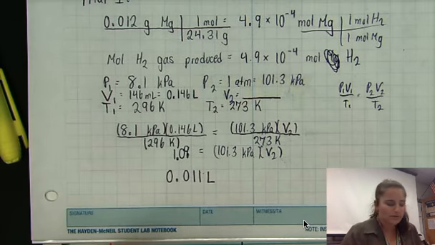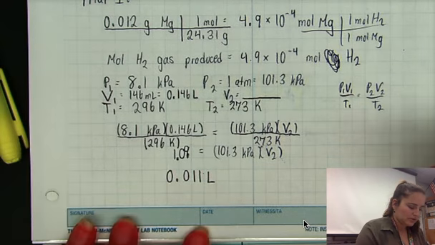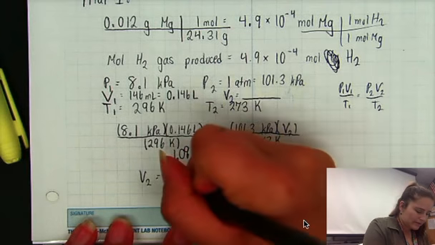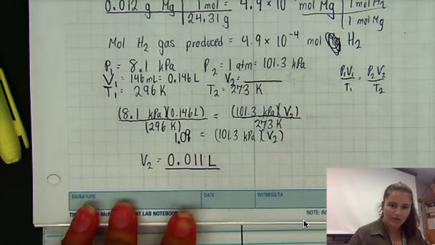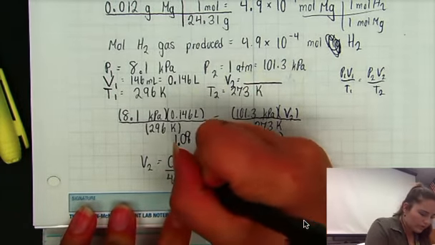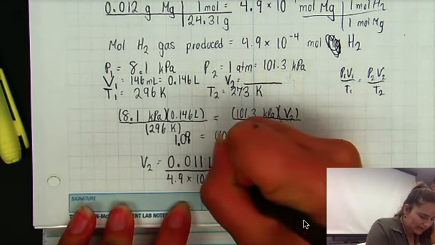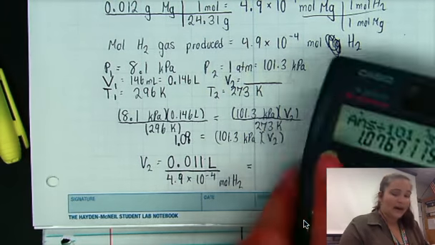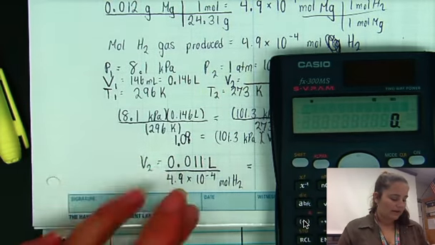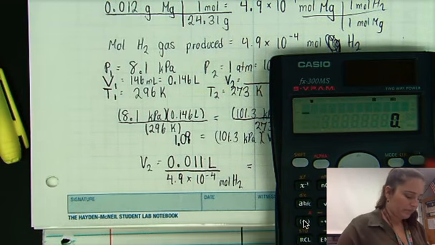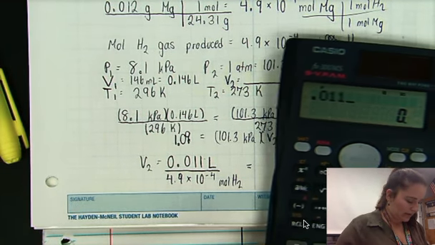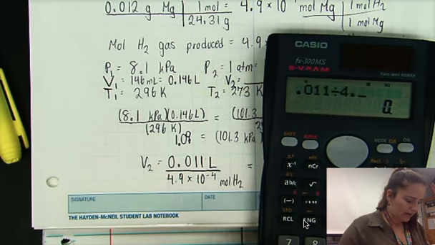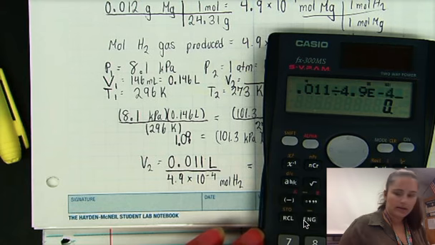To get my liters per 1 mole, I just divide it. So 0.011 liters, that's my V2, I'm going to divide it by the number of moles, 4.9 times 10 to the negative 4 moles of H2. And that will give me how many liters 1 mole would be. So 0.011 divided by 4.9 times 10 to the negative 4.